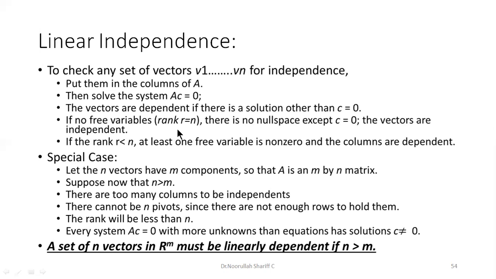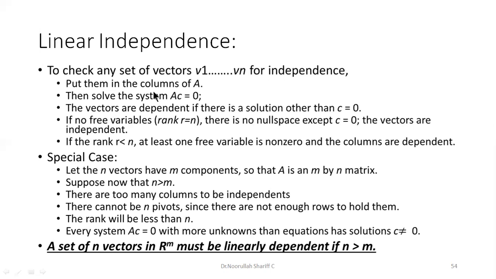So the condition for linear independence is that the rank should be equal to the number of columns, with no free variables. If rank r is less than n, at least one free variable is non-zero. Then the columns are dependent.